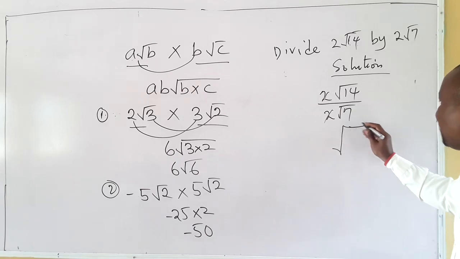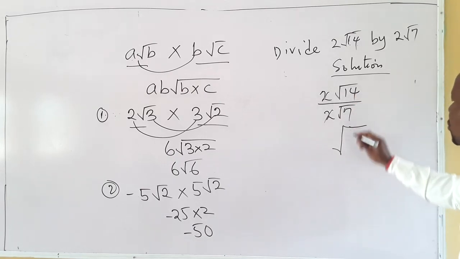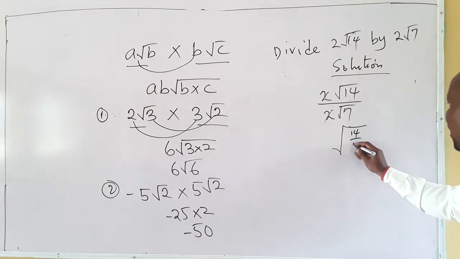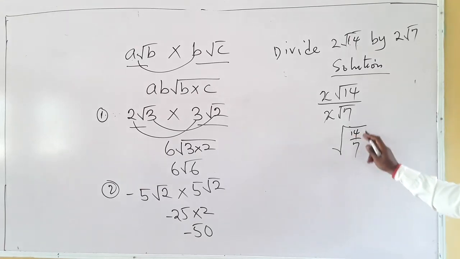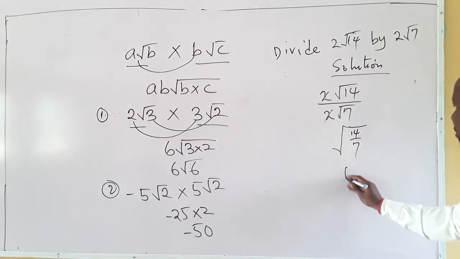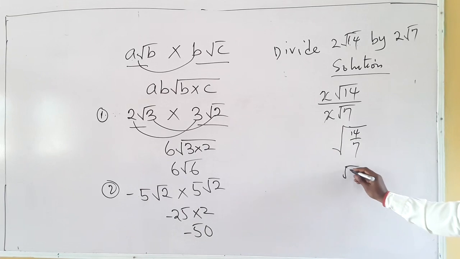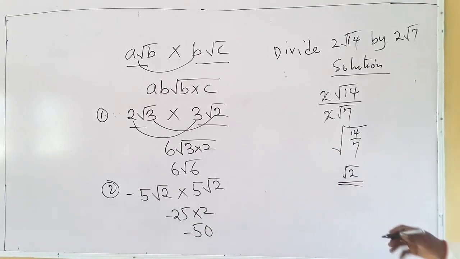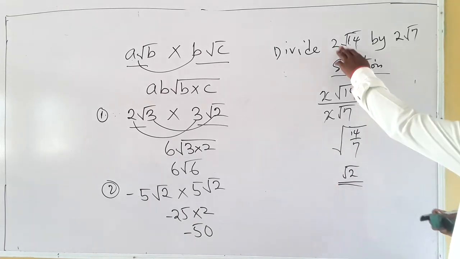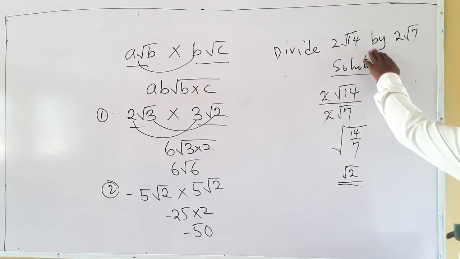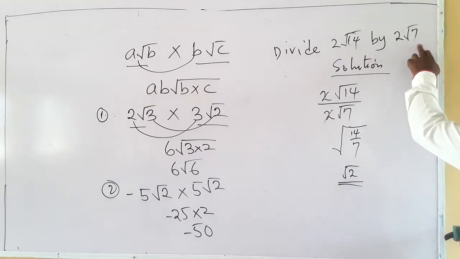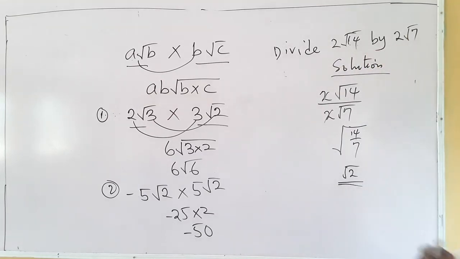We divide the numbers under the surd, that is 14 divided by 7, which is 2. So that means 2 root 14 divided by 2 root 7 will give us just root 2.